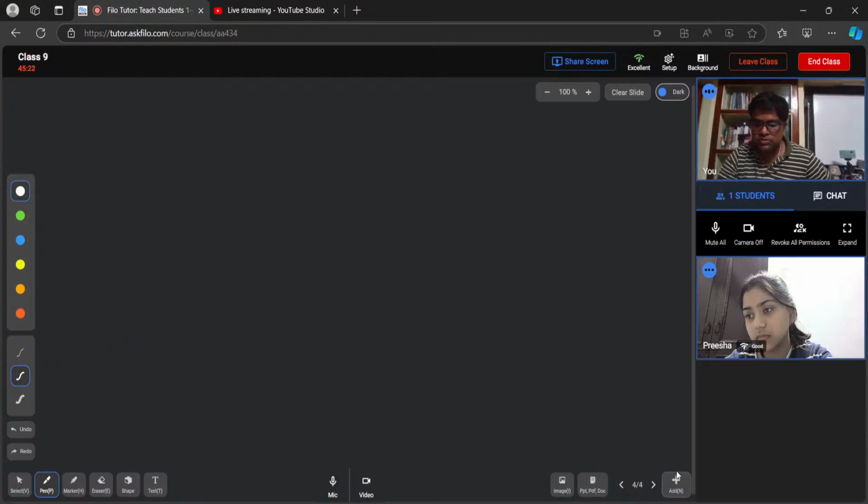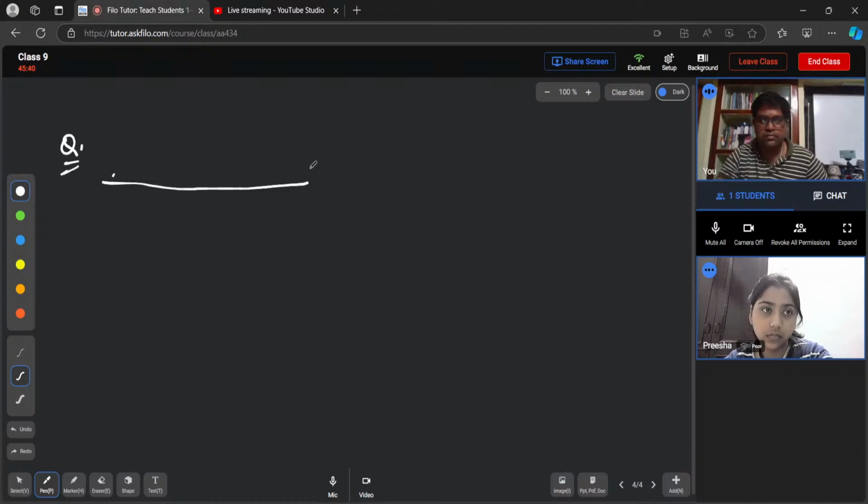This is the situation. This is a table. There is a pulley here. Here is an object M1, let's say 1 kg mass.